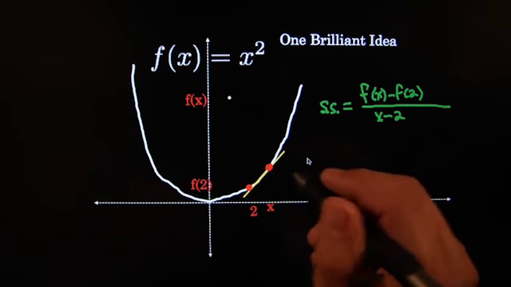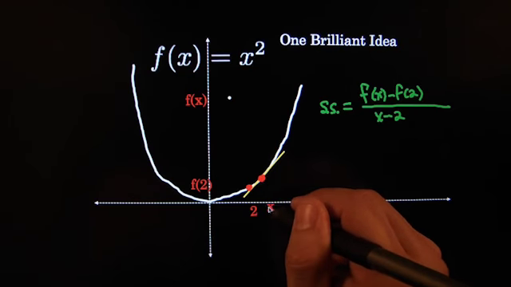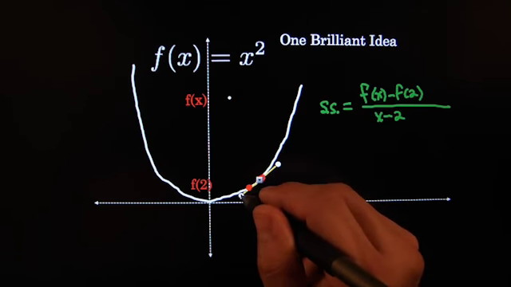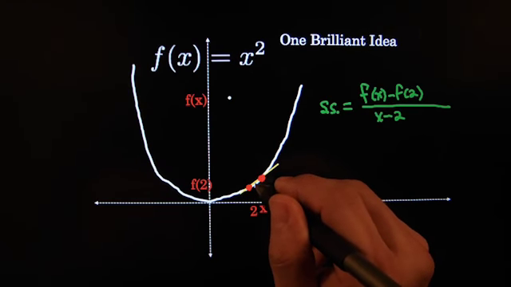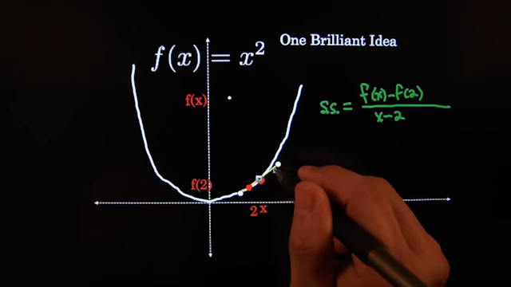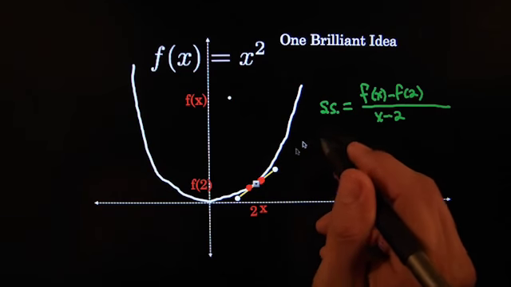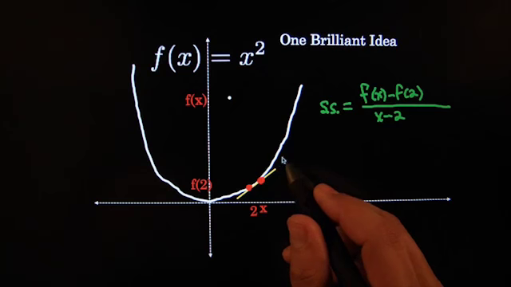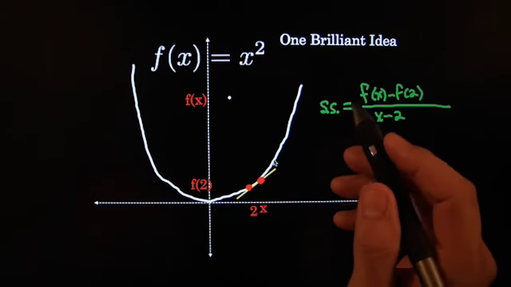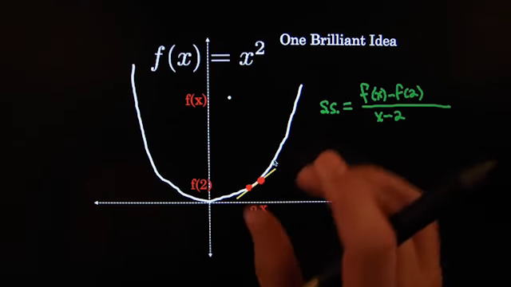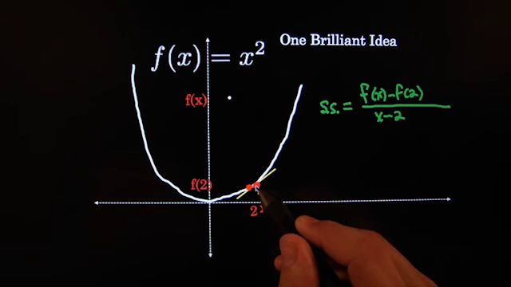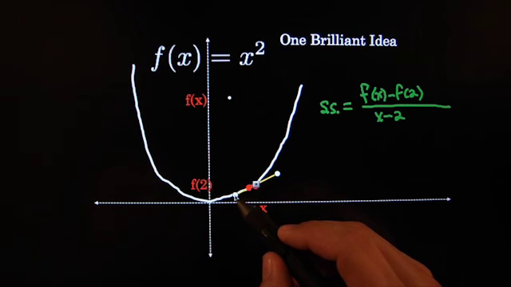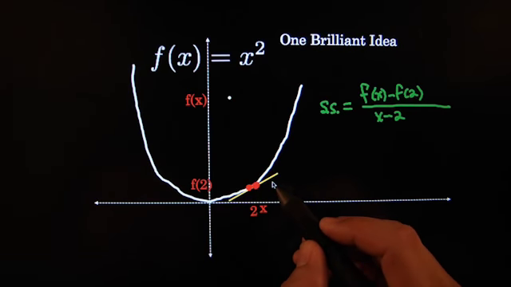Every single time you move the point closer and closer to 2, your secant line is being transformed from a little low-life secant line into a tangent line. That's the transformation that's occurring. The closer and closer I get to it, the closer it becomes the actual tangent line.